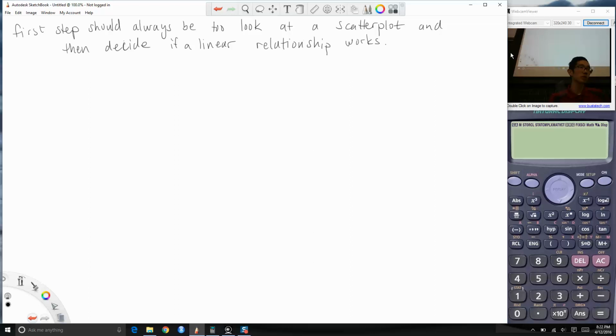You just want to take a look and say, does it look like a straight line can summarize this? And if so, then you can continue on. And it's okay if there's lots of scatter. You can still have a linear relationship with lots of scatter. You'd just be concerned if there was some kind of extreme curvature or something to indicate that a straight line is not appropriate.